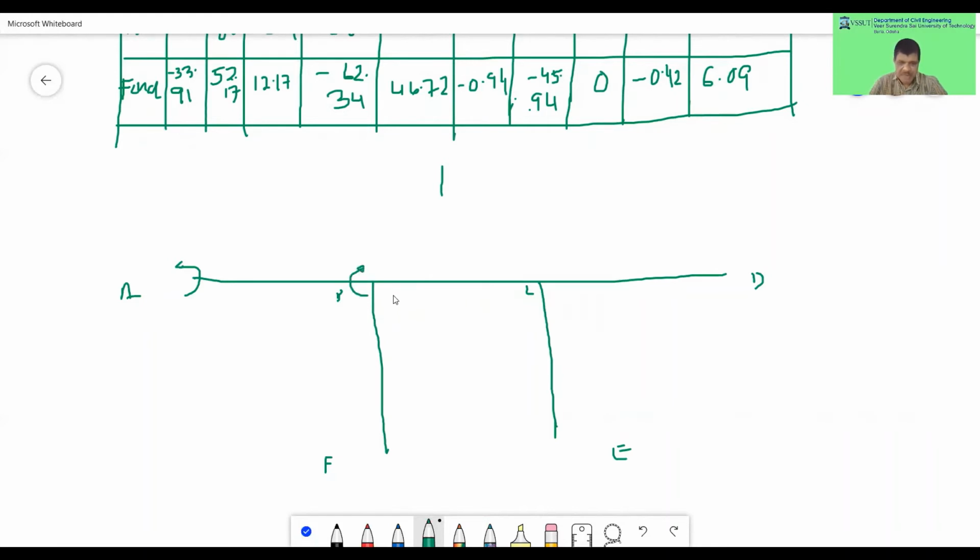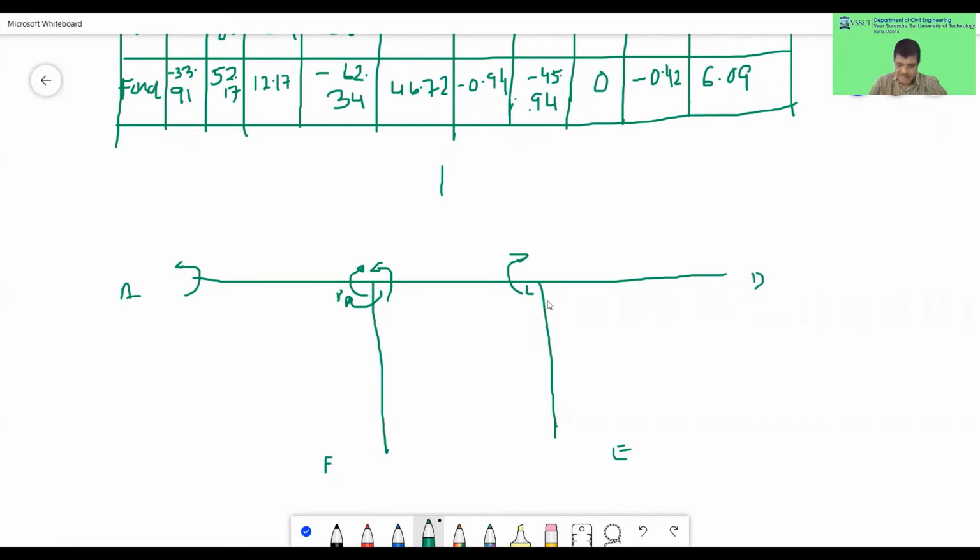BF is positive, acting clockwise. BC is minus, so anti-clockwise. CB is 46, clockwise.